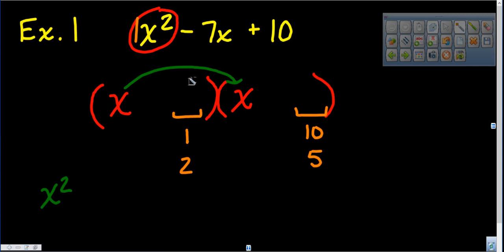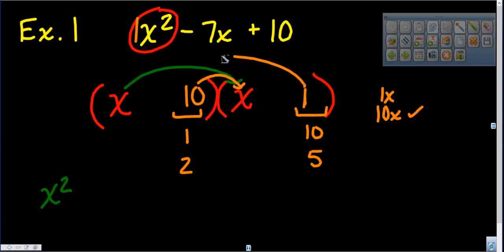Here is why. If this was a 1 and this was a 10, the multiplication would occur like this: 1 times x, which is 1x, and then you would do 10 times x, which is 10x. And if I had those flipped around, say the 10 was here and the 1 was here, I would still be getting a 10x by multiplying these together, and I would still be getting a 1x by multiplying those together.